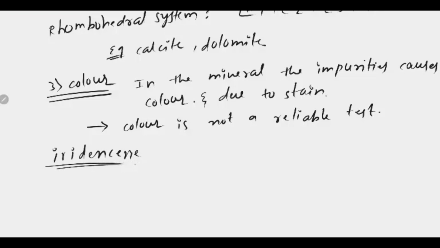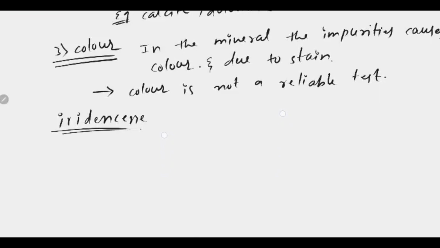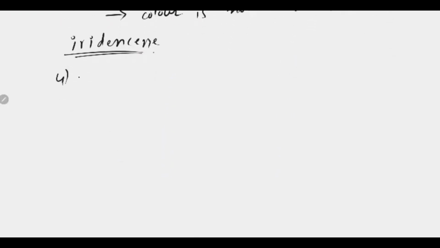Luster. It is the fourth main heading. Luster is defined as the appearance of the mineral in reflected light. When the light comes and touches the mineral, the luster appears. That means the shining part of the mineral.